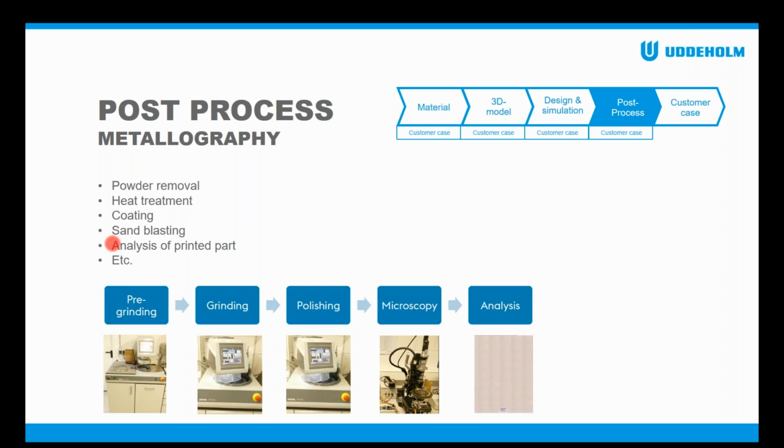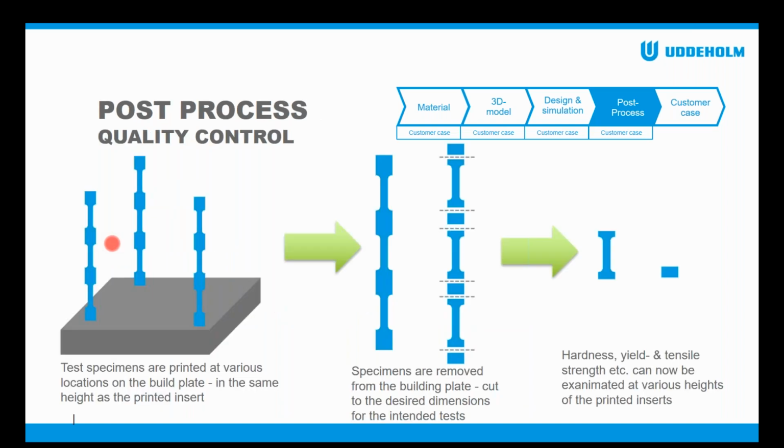And when it comes to quality control, and this is something that we don't do too often, to be honest, for plastic injection molding, but for oil and gas, this is quite common. We print test specimens on various places on the build plate, printed to the same height as the part or the tool that we are printing.